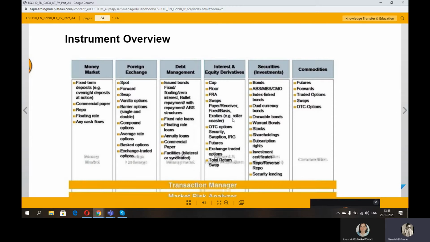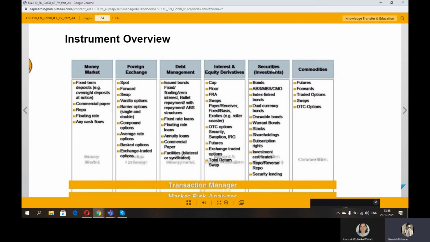Okay, exotics, for example roller coaster, OTC option, securities, swaption, IRG, futures, exchange traded options or total return swap. These things will be taken based on interest and equity derivatives.